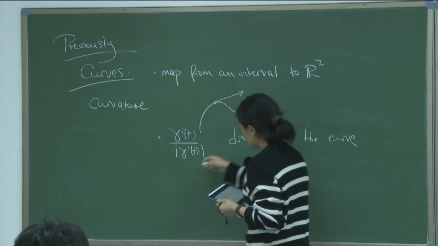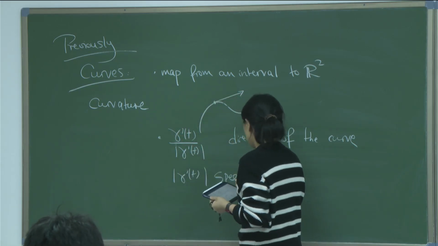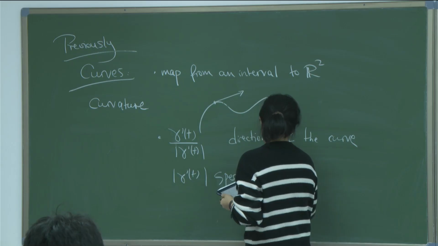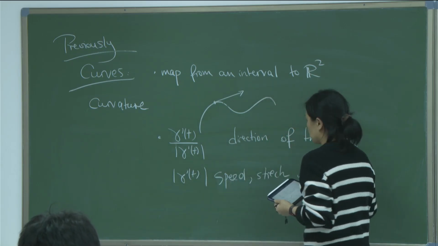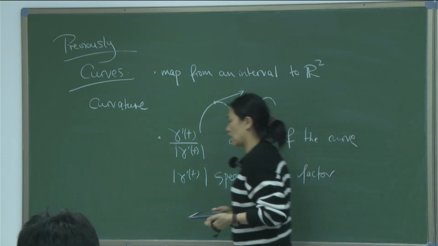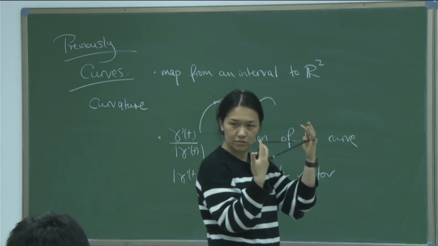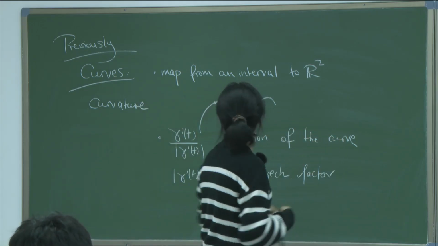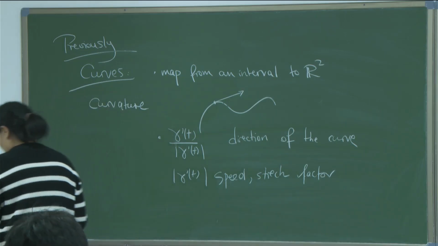And this one here, we can call it the speed, but also just the stretch factor of the curve. I mean, there are many ways to describe it. Either you have a road and you drive a car through this, or you can have something like an elastic band, and then you have a curve. And how much you stretch, that exactly is the length of the tangent vector at every point, okay?